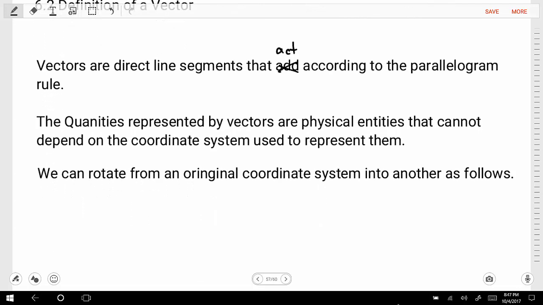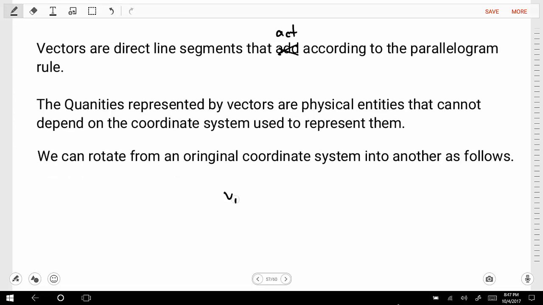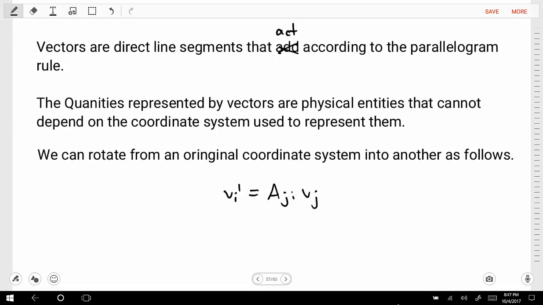And we know that we can rotate from an original coordinate system into another using the equation we just found. Vi prime is equal to Aj, Vj, where Vj is in our original system, Vi prime is our new system, and A is our transformation tensor.